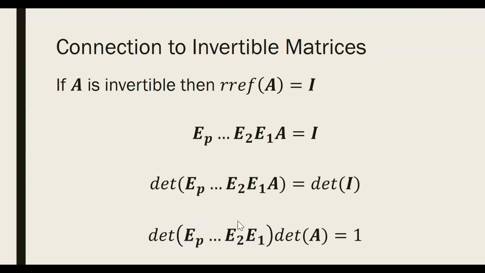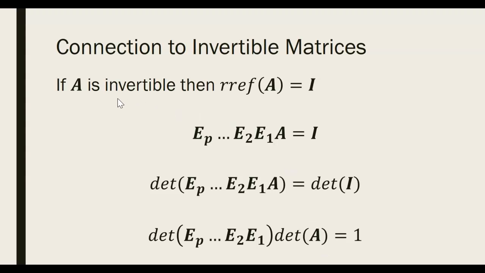Therefore, whatever this real number turns out to be, I can divide both sides by it and find that the determinant of A is going to be 1 divided by some real number. Okay? And whatever number this is doesn't really matter. This could be 1/4 or this could be 400. But the point is, you can solve this equation for the determinant of A.